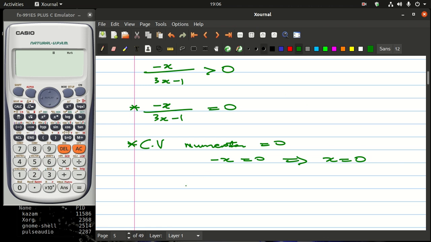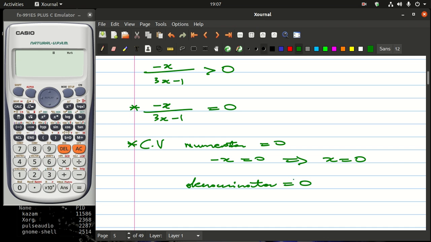And then again, we look for the values of x that will make this function undefined, or the denominator equal to 0. So when the denominator is equal to 0, this function is going to be undefined. So those are critical values. You get what I mean?